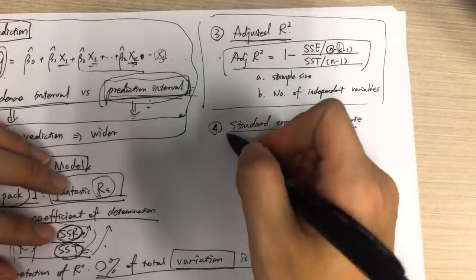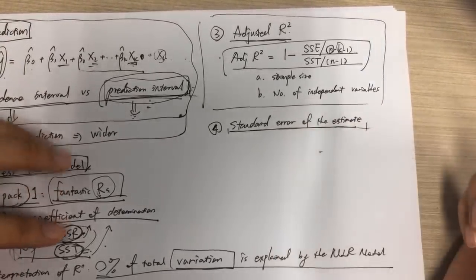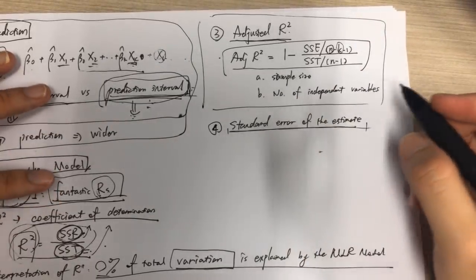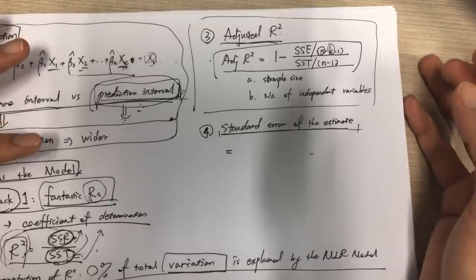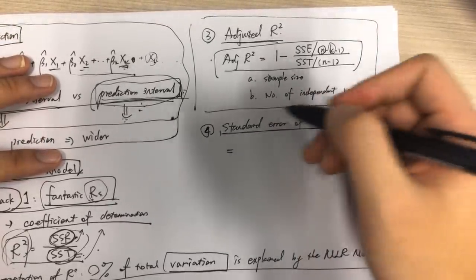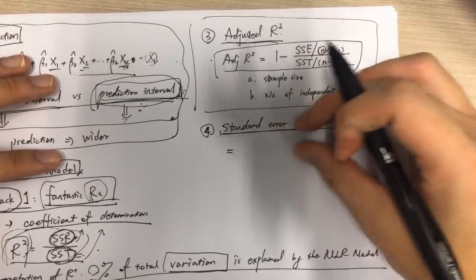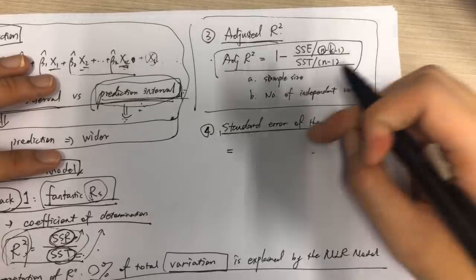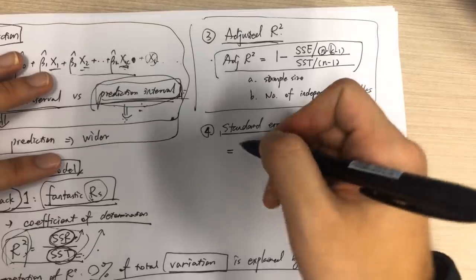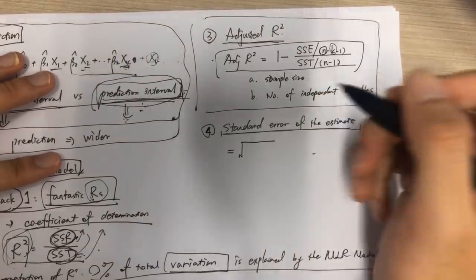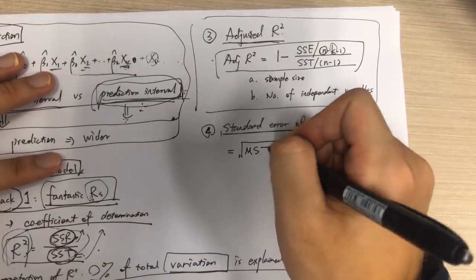All right, so let's see, standard error of estimate. This standard error of estimate is actually also in your Excel output, right? In the first table, the last line is the standard error of estimate. So the standard error of estimate is actually calculated by the square root of MSE.